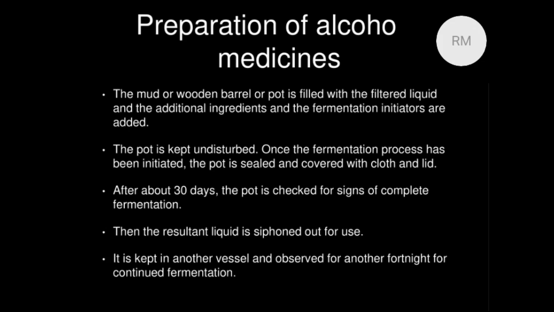I will explain a little later what these fermentation initiators are, and they will actually stimulate the fermentation and the generation of alcohol. Once we put all this and mix it, then the pot is kept undisturbed. This shouldn't be removed for quite some time, because otherwise the fermentation will not happen completely.